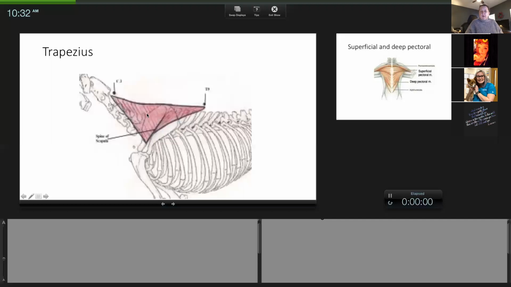By doing that, you're pulling the scapula up, and by that action, it's going to pull the limb forward. Okay, but now this is a longer strip, and then remember, it's going to narrow into a tendon, and that tendon is going to attach at the spine of the scapula.